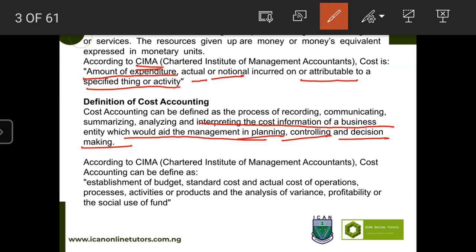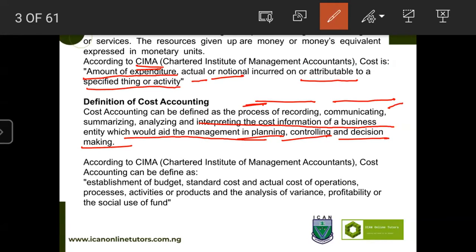Cost accounting is a process, because accounting is a process of what? Recording, communicating. Whatever you record, what are you recording? You are recording the daily transactions of a business. You are recording the daily activities of a company. Having recorded the daily activities of the company, you will then communicate to the users of such information.